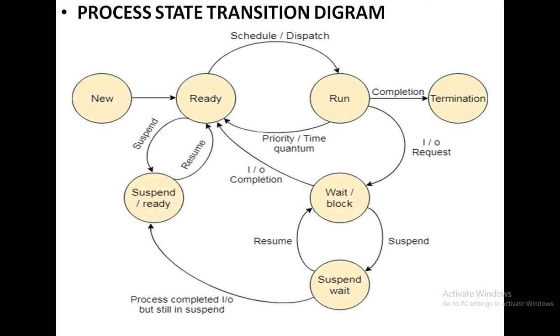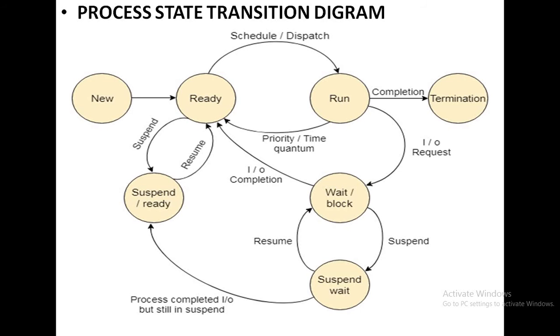So before executing a job or a process, first it loads into the ready state, and from the ready state the operating system selects one by one process and gives it to the CPU or to the processor for its execution.